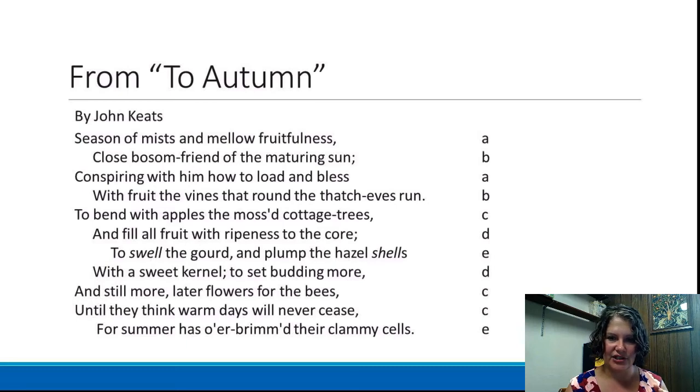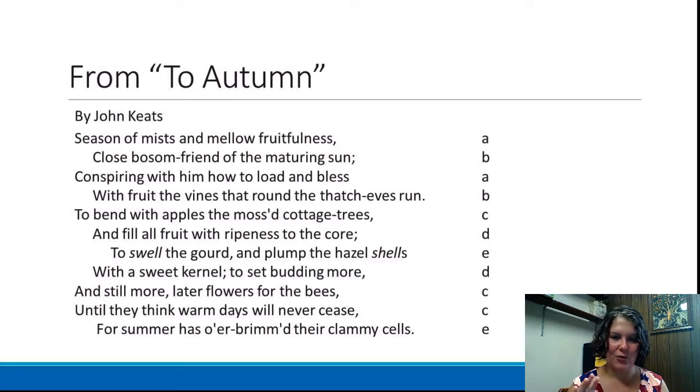He introduces two rhymes in the first four lines, so that A, B, fruitfulness, bless, and then sun and run. But then in the second part of the stanza, he continues with the same pattern, the same sounds. So we have trees, core, shells, and then more, which rhymes with core, then bees and cease, which rhyme with trees, and then finally cells, which rhymes with shells.